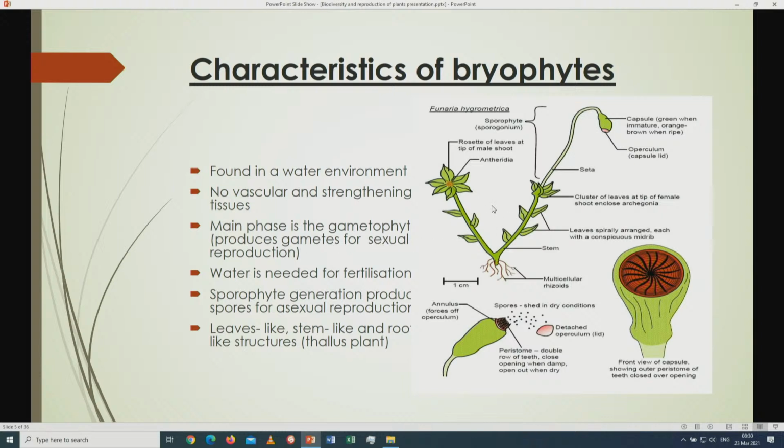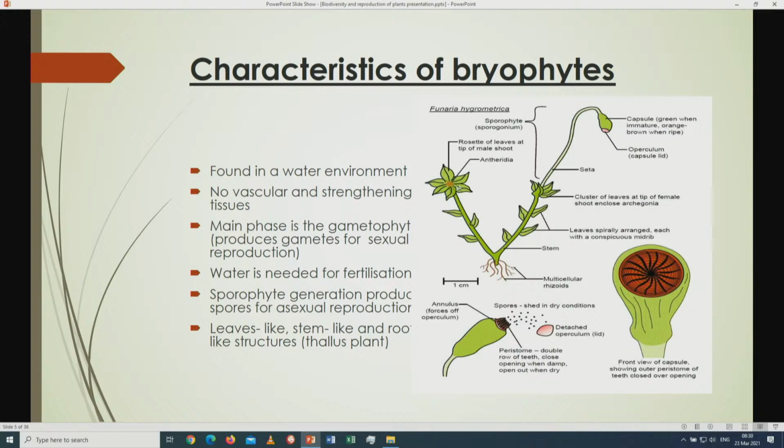Now when we look at this moss plant, it has root-like structures called rhizoids, a stem-like structure, and leaf-like structures. This part is called the male leaf-like structure, and here at the top it has the male sex organs, which are called the antheridia.